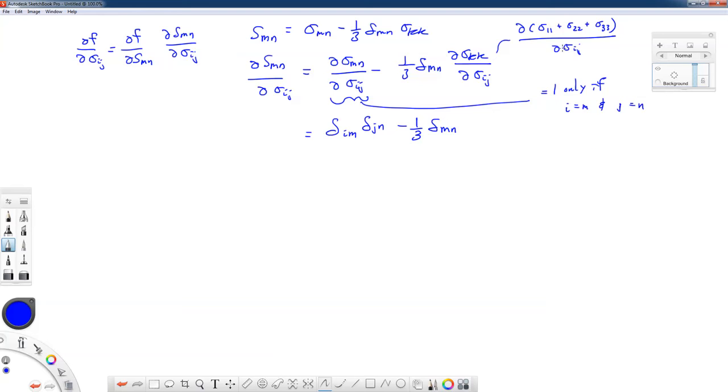Well, we'll only get 1 if i and j are equal to each other, as we evaluate that partial derivative. And so we can express this as Kronecker delta ij. So now here we have the first term in this chain rule of differentiation that we have here.